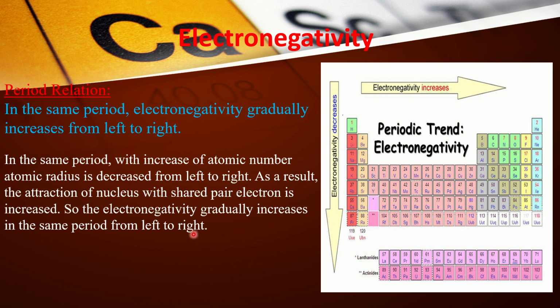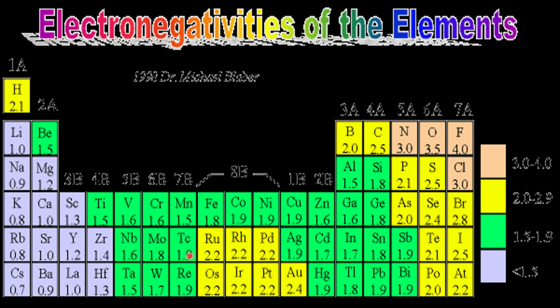So the electronegativity gradually increases in the same period from left to right. This is for the second period. Electronegativity of lithium is the least, then gradually it increases, and fluorine has the highest electronegativity. Dear students, this is the chart of electronegativity of different elements.